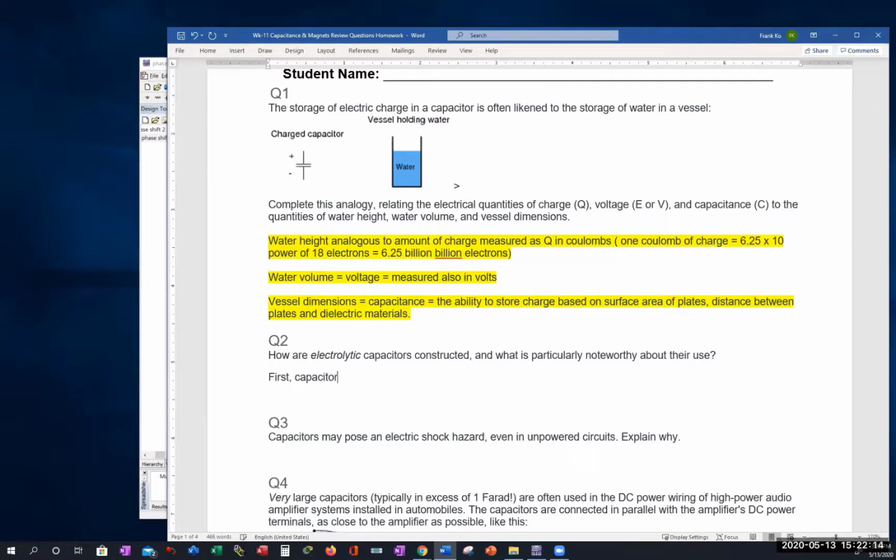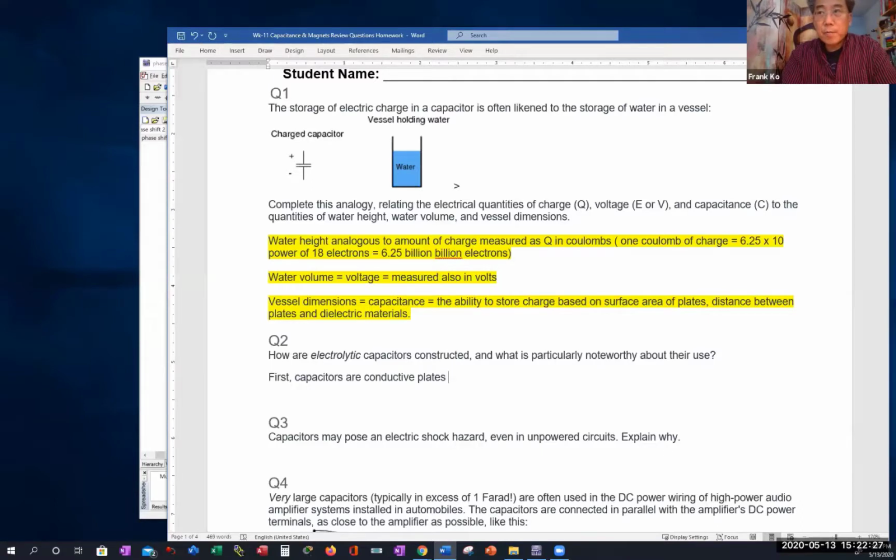I'm not too sure. I had put, yes, good. Negative terminal, and they're sensitive to their polarity. Oh, there you go. Very good.